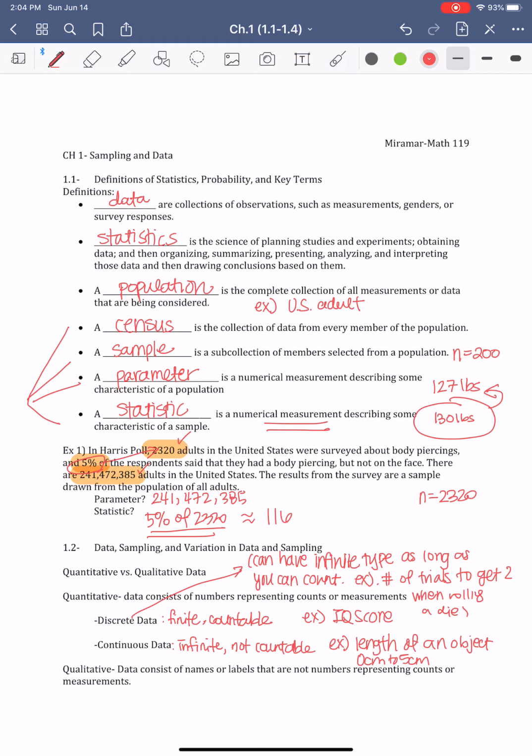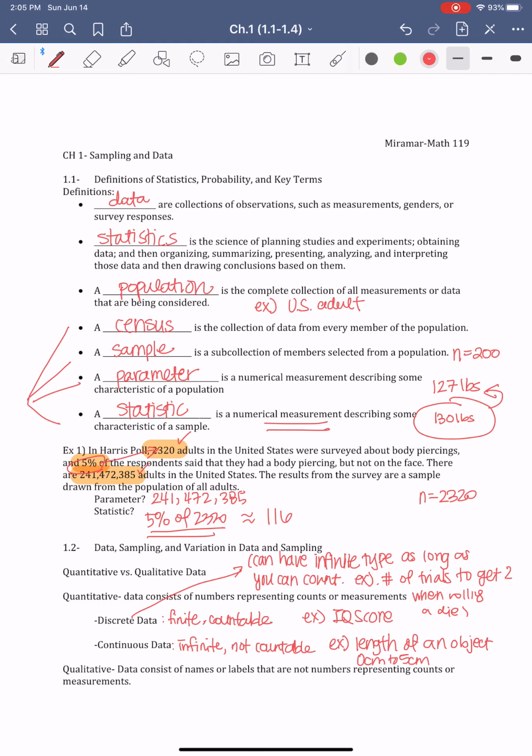However, when you roll a die, you really don't know when you're going to have that 2. So that's kind of like infinite. You could have landed on 2 in the first trial. You could have rolled a die and had a 2 on the 10th trial. We don't know. So that's the infinite type, but you can count. So in that case, that will be an example of discrete data.